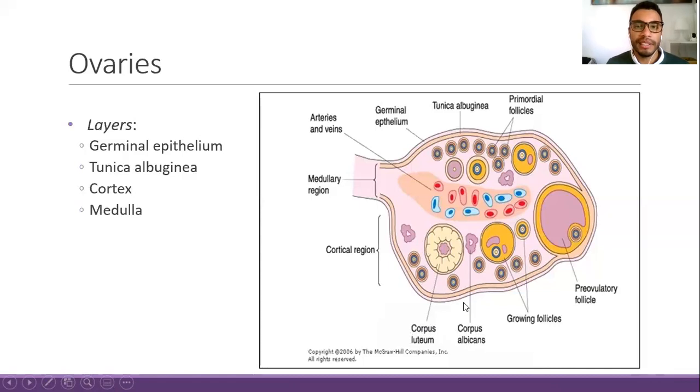The white body is basically the degeneration of the corpus luteum. So it gets degenerated and forms a fibrotic tissue. So this is the corpus albicans, and it will then be absorbed by the organism. So this is, in a few steps, how the ovulation occurs.